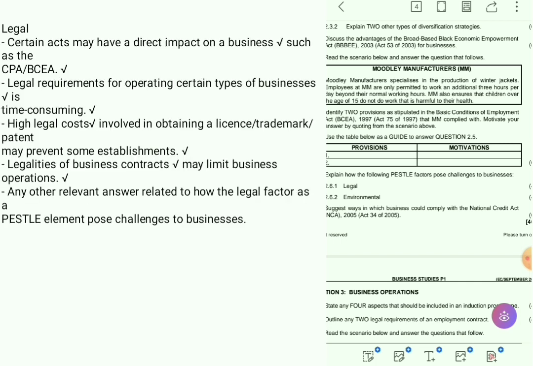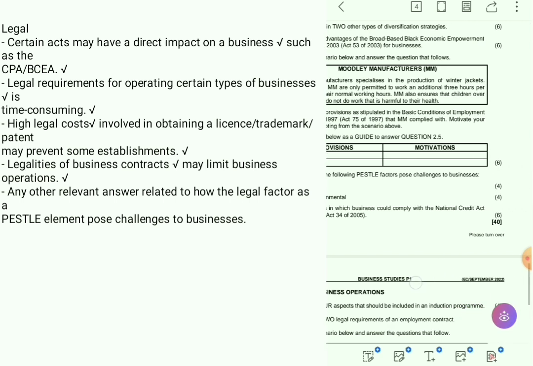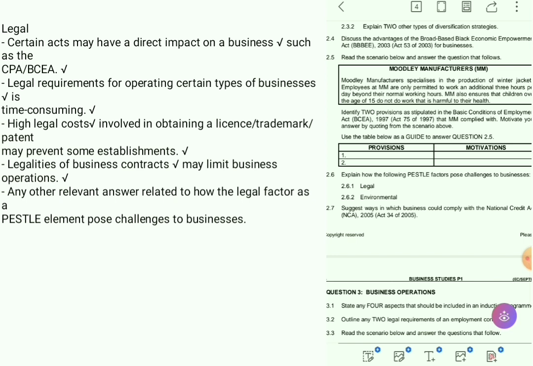Certain acts may have a direct impact on the business, such as the BCEA and CPA. Legal requirements for operating certain types of businesses are time consuming. High legal costs involved in obtaining a license or trademark may prevent some establishments. Trademarks are really holding back businesses sometimes. Legalities of business contracts may limit businesses' operations.